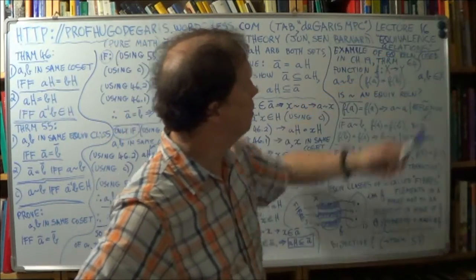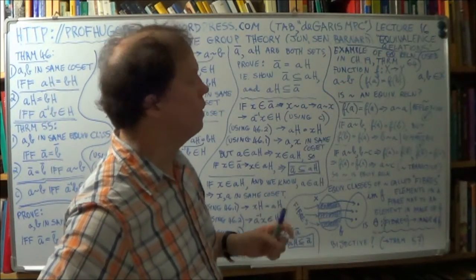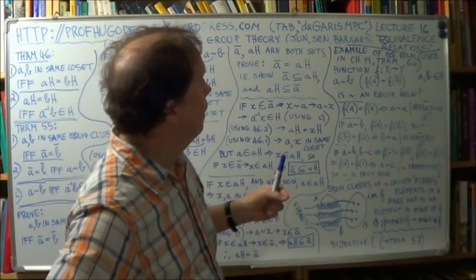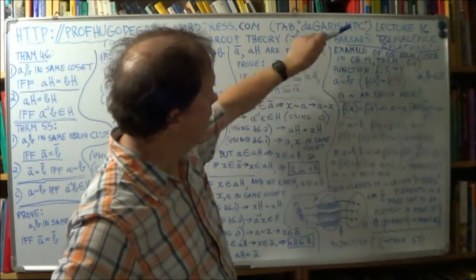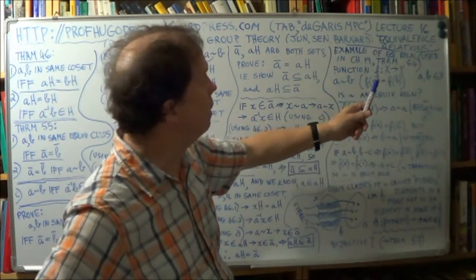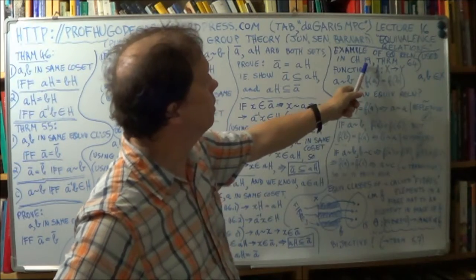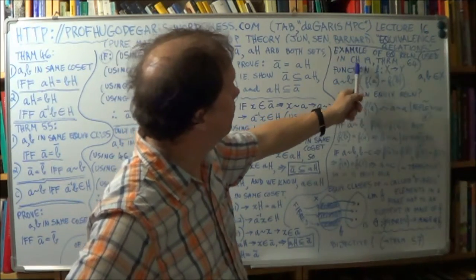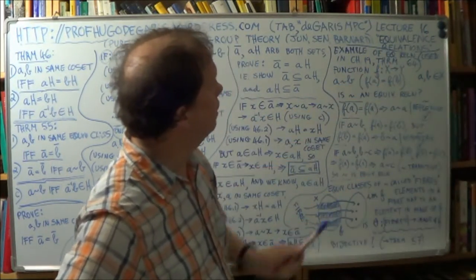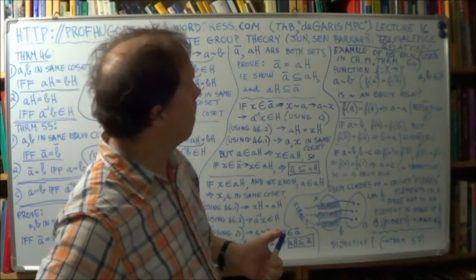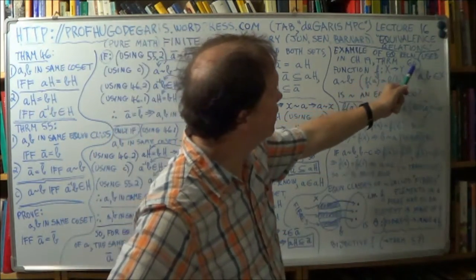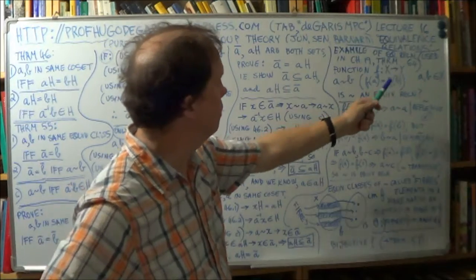This is the topic for lecture 16, chapter 16. This particular example we will meet again in the final chapter of the book, chapter 19, so it's three lectures away, in theorem 64 when we get to it.